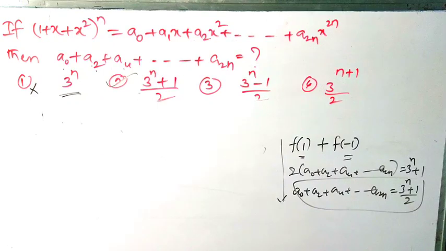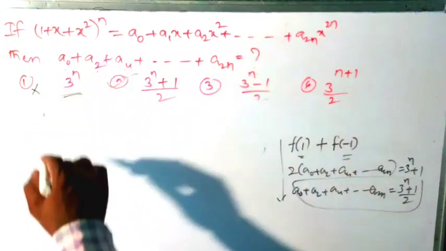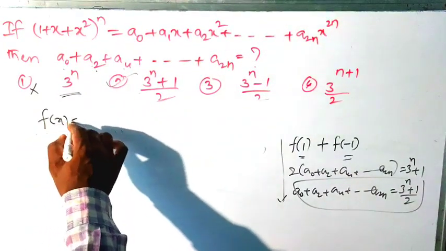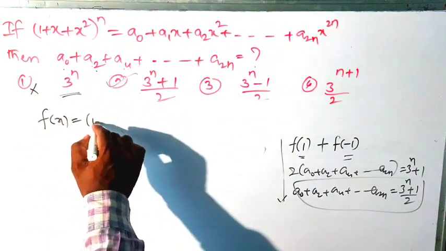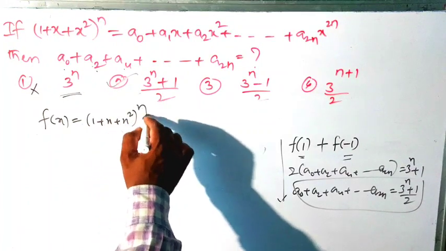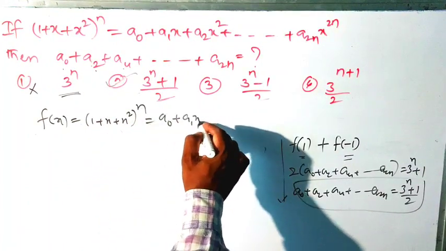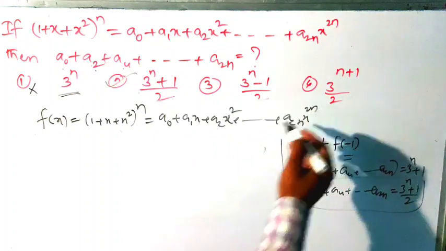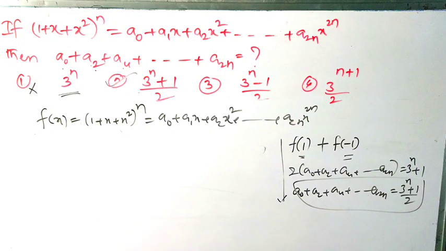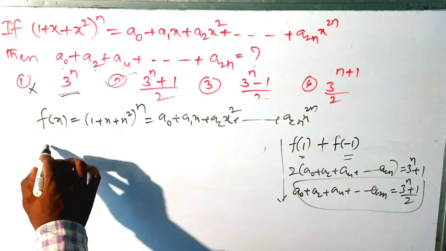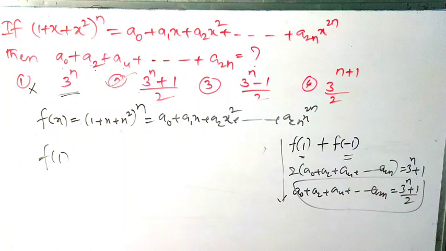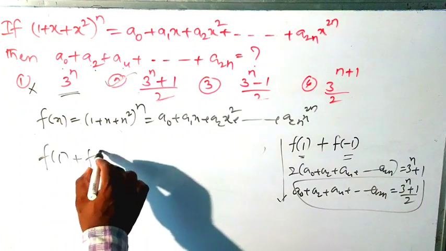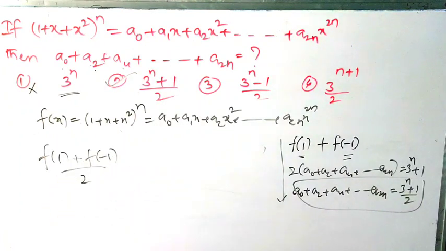The given expansion is taken as f of x, that is 1 plus x plus x square whole power of n, equal to a0 plus a1 x plus a2 x square plus up to a2n x power of 2n. Now we take f of 1 plus f of minus 1 by 2.